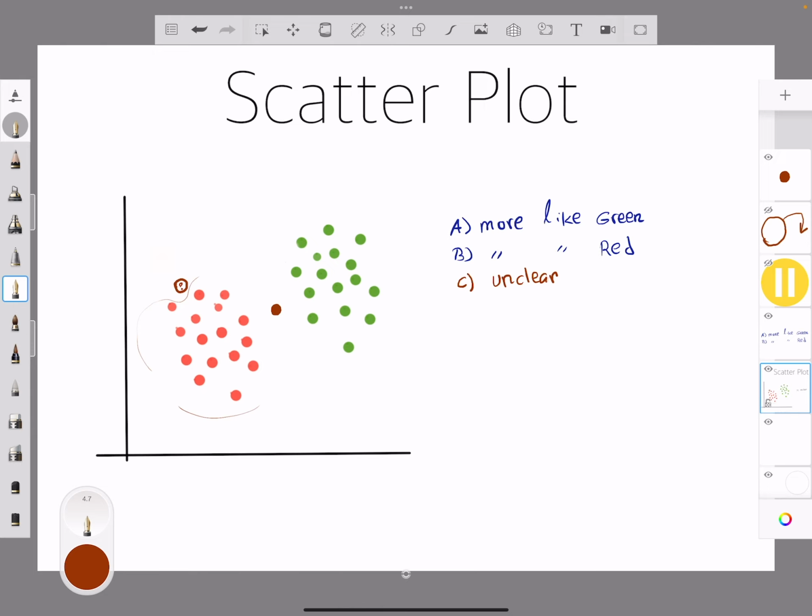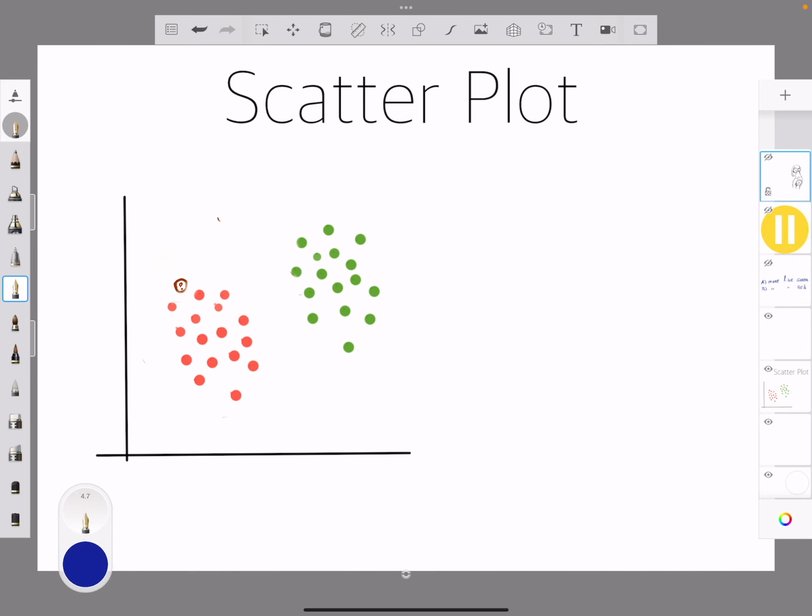Pause and then give me the answer. All right, I'm going to say this is unclear. It's not like green. We cannot say it belongs to this group or to the red. I made the point to be exactly in the middle of these two groups. So we're going to go with unclear for now.